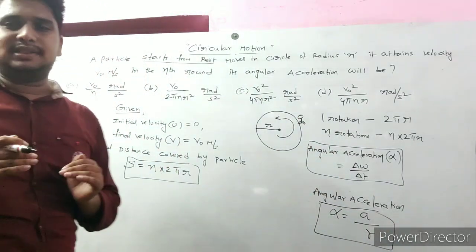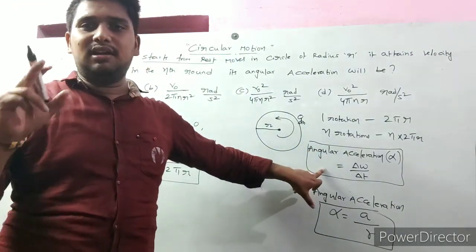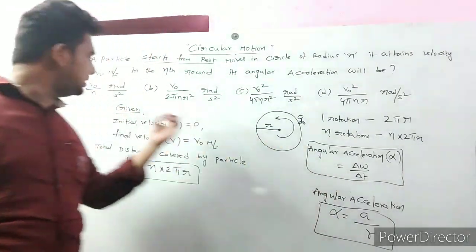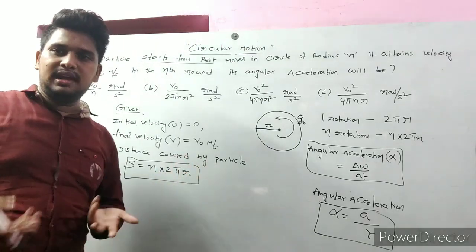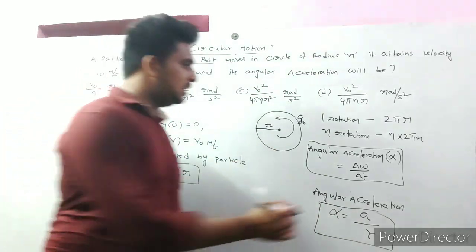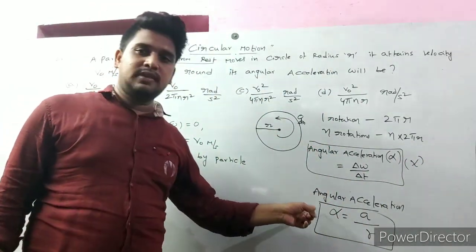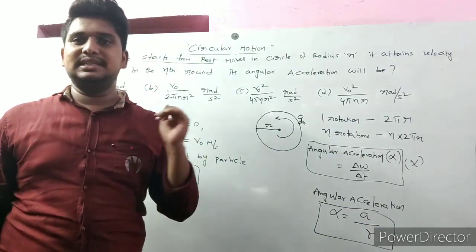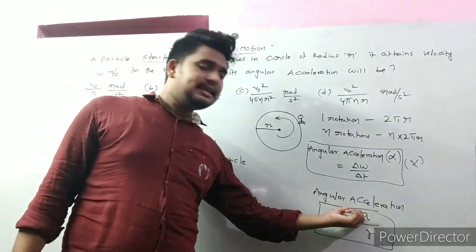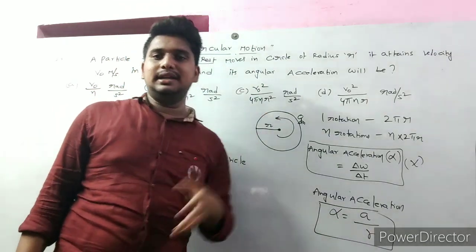We need to choose which one to apply here. To apply the first formula, we need angular velocity and time. Is time given in this question? No. Is angular velocity given? No. So we do not apply that formula. Observe carefully: alpha is equal to linear acceleration by r. How to find linear acceleration?